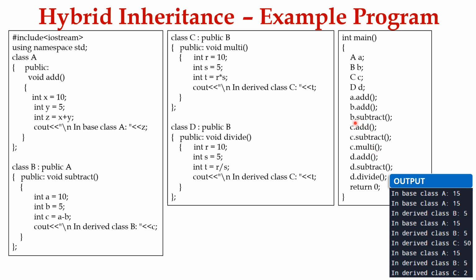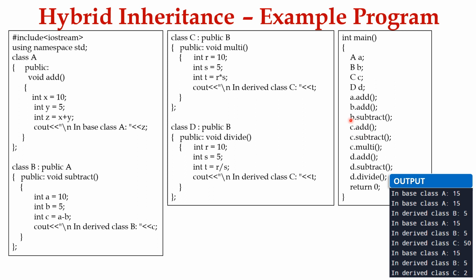The next statement is using the class B object small b, we are accessing the function subtract which is available in class B. Here, we are subtracting a minus b, that is 10 minus 5, and storing the value in c and displaying it to the user as in derived class B, and the value of the variable c, that is 5, is displayed to the user as shown in the output.